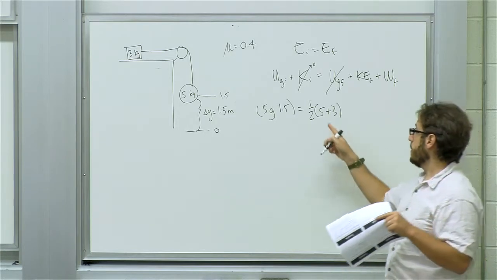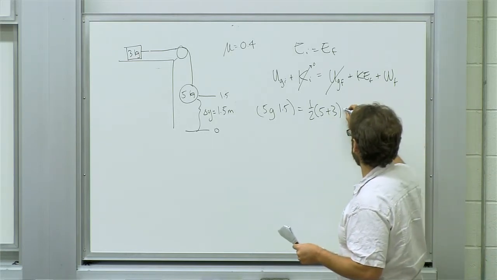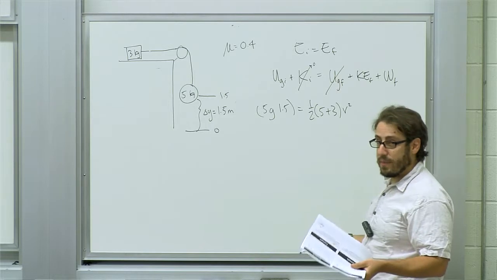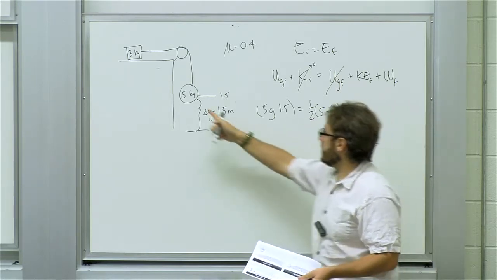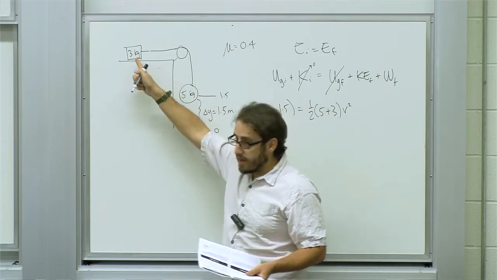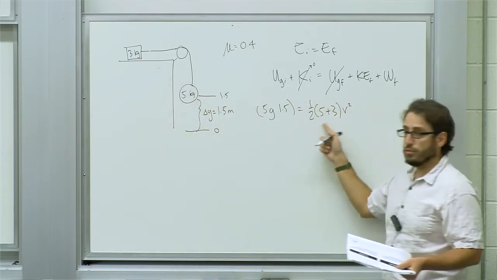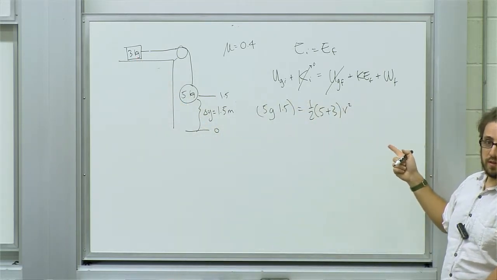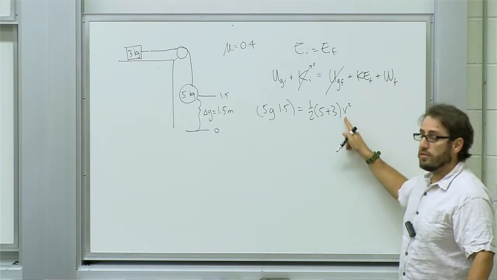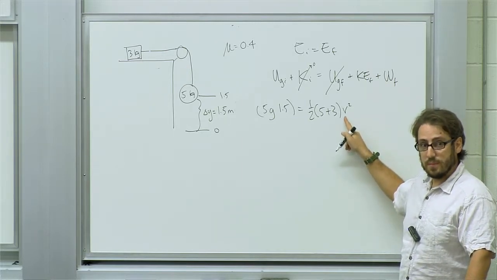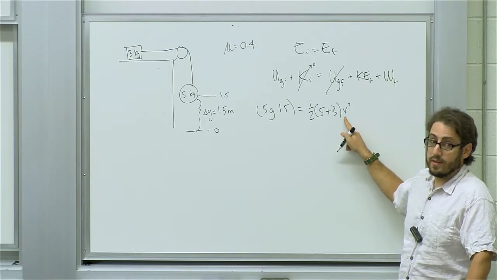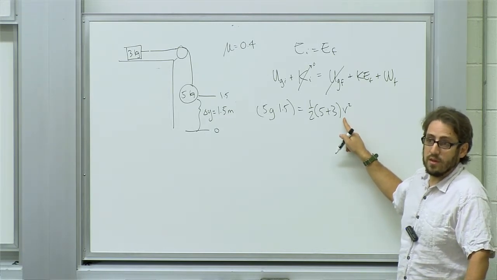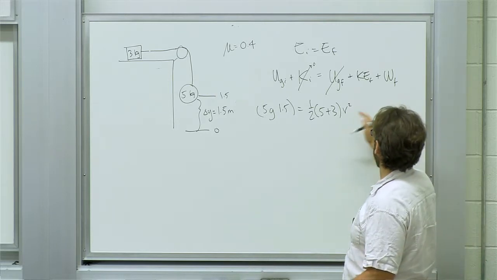So we treat them as one system with mass 5 plus 3. Do I need to think about it that way? Well, I could have written these as separate terms, right? A kinetic energy for this and a kinetic energy for that. And then, all I've done here is group with parentheses. There's no real physical insight there. The critical thing is noting that they have the same velocity. If you have V1 and V2, you're going to end up with one equation and two unknowns and not know how to solve it. Noticing that they have the same velocity is the key to simplifying that problem.